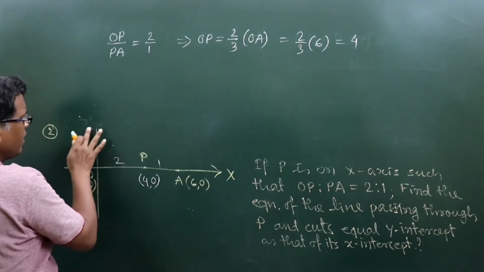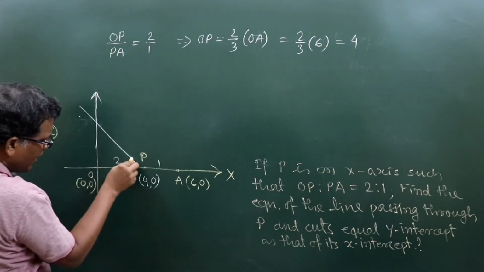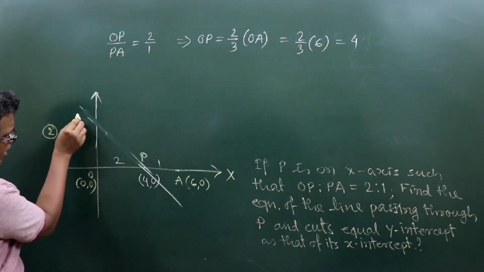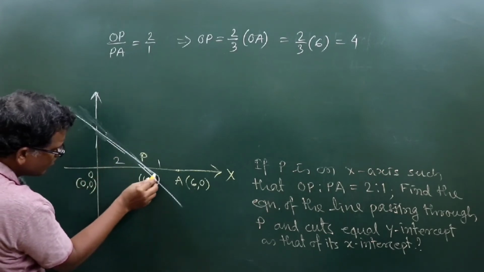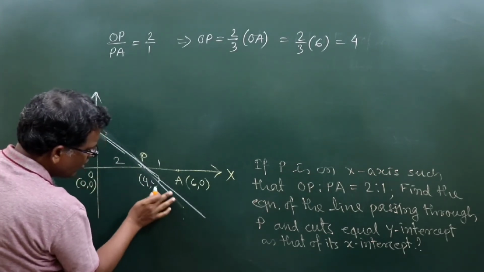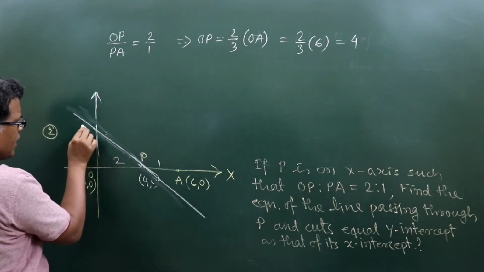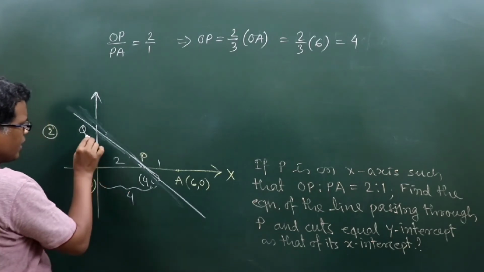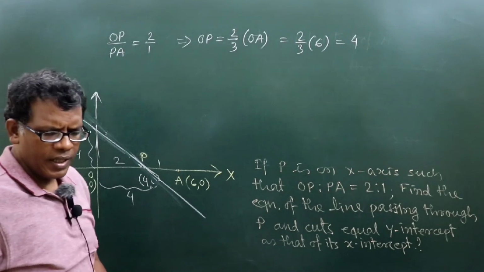So the required line can be like this: if its x-intercept is 4, then the corresponding y-intercept should also be 4 as per the condition.